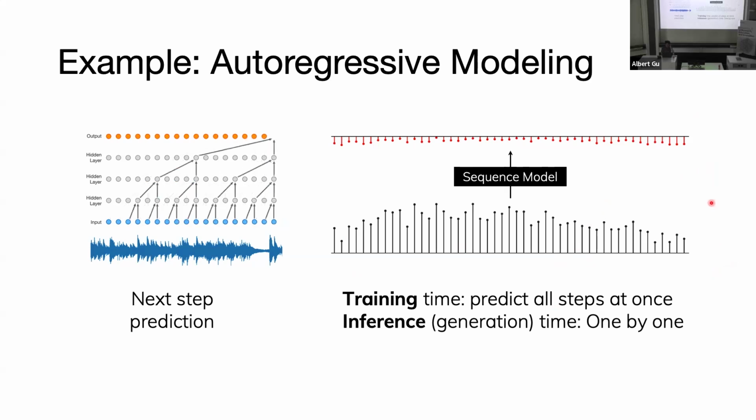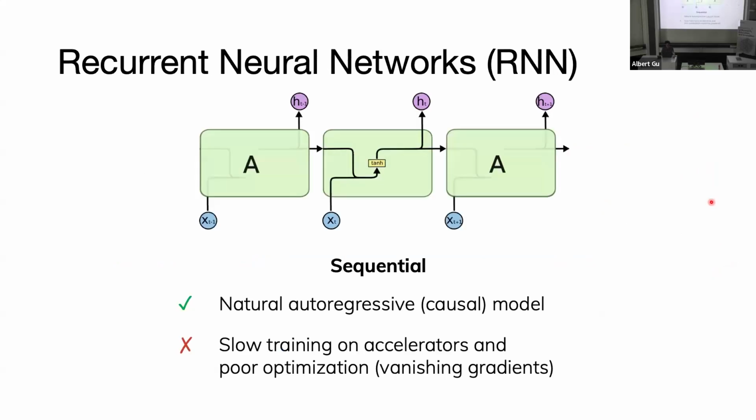Okay, so let's look at some classical types of sequence models, just so we all have the same background. Up to the advent of the transformer a couple years ago, the RNN, or recurrent neural network, was the canonical sequence model. It is maybe the most natural type of sequence model, naturally modeling input with a sequential dependency.